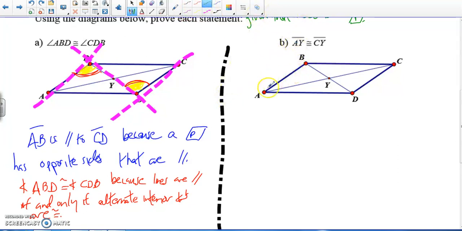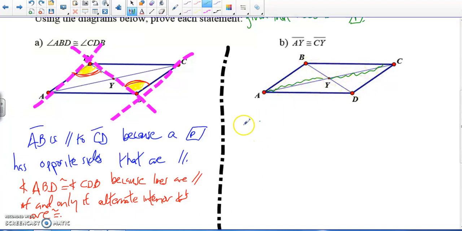All right, and the next thing we want to prove is that AY is congruent to CY. So same thing. You could use all your parallelogram rules and do triangle congruency with SAS or ASA, or use CPCTC. But to prove that those two pieces are congruent, we just need to use our parallelogram rules again. So we know in a parallelogram, the diagonals cut each other in half.